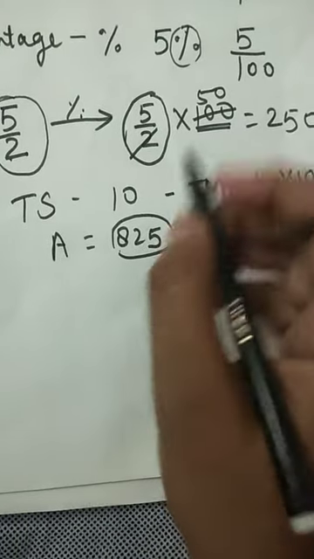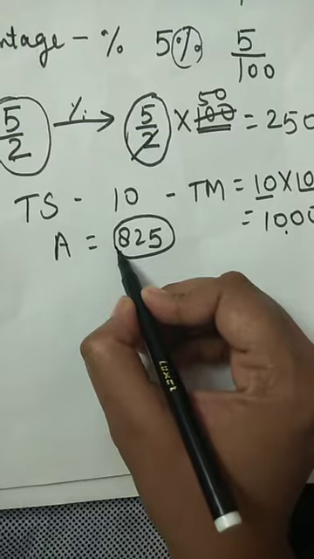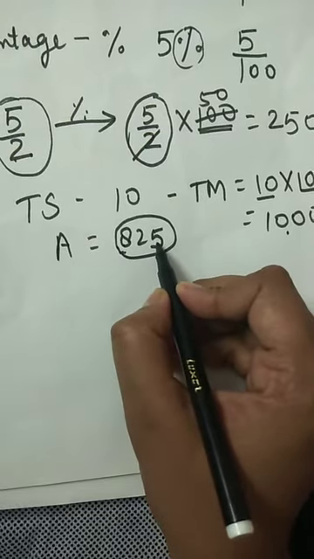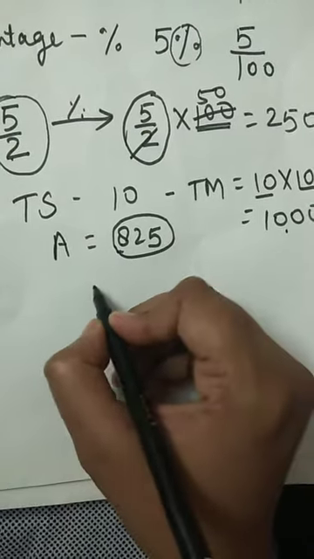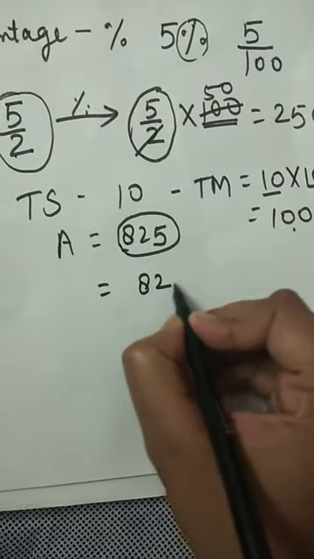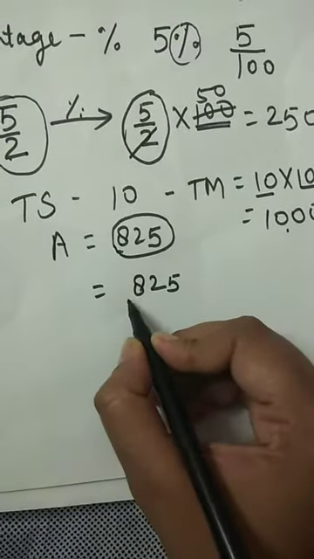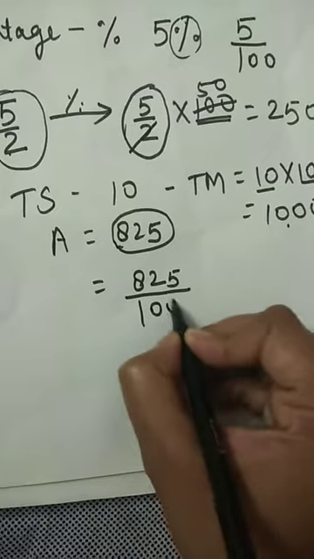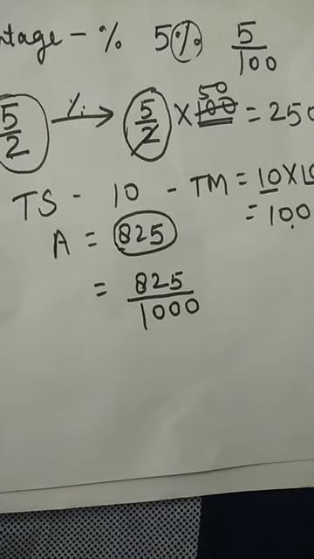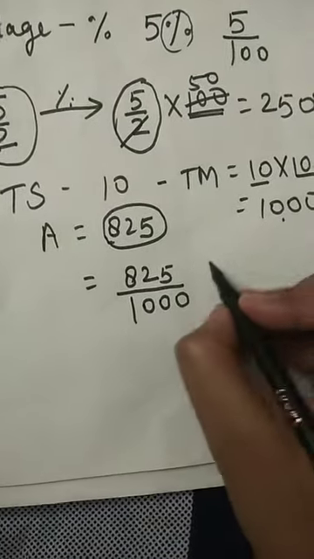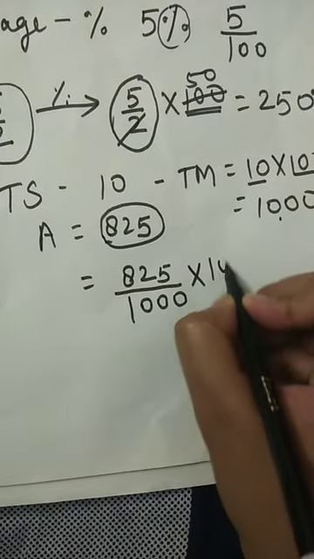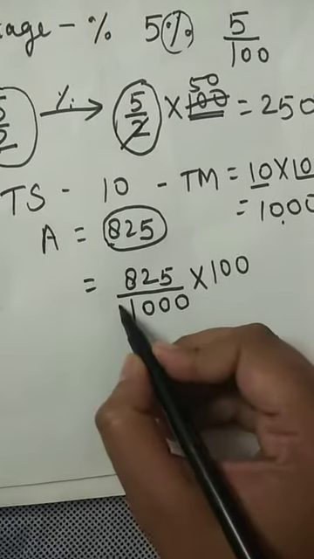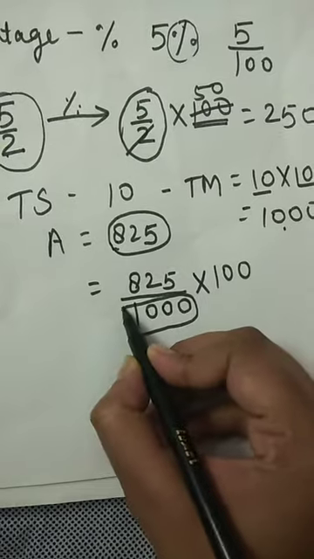Each subject has a total, and suppose this student got 825 marks out of 1000, because the total subjects were 10 and one subject carries 100 marks. So we will always write the total in the denominator.